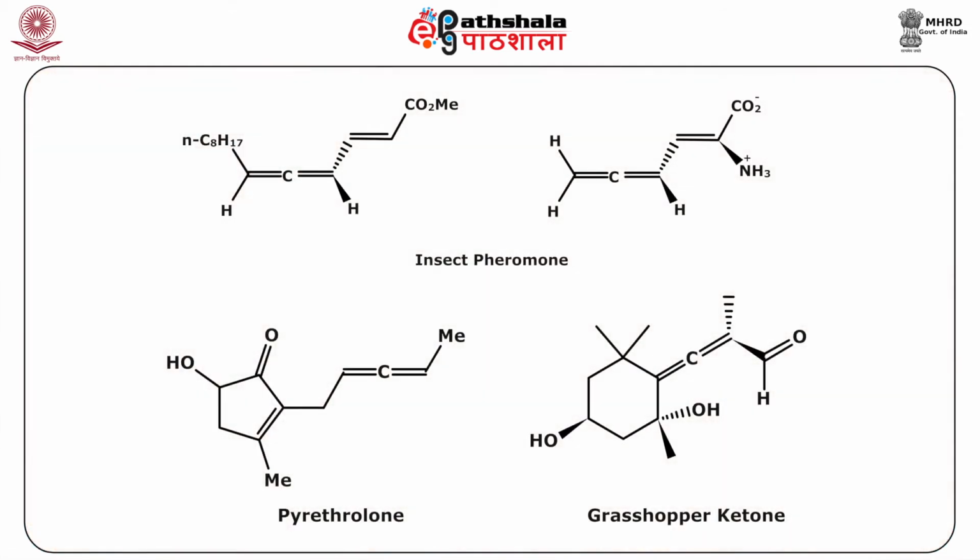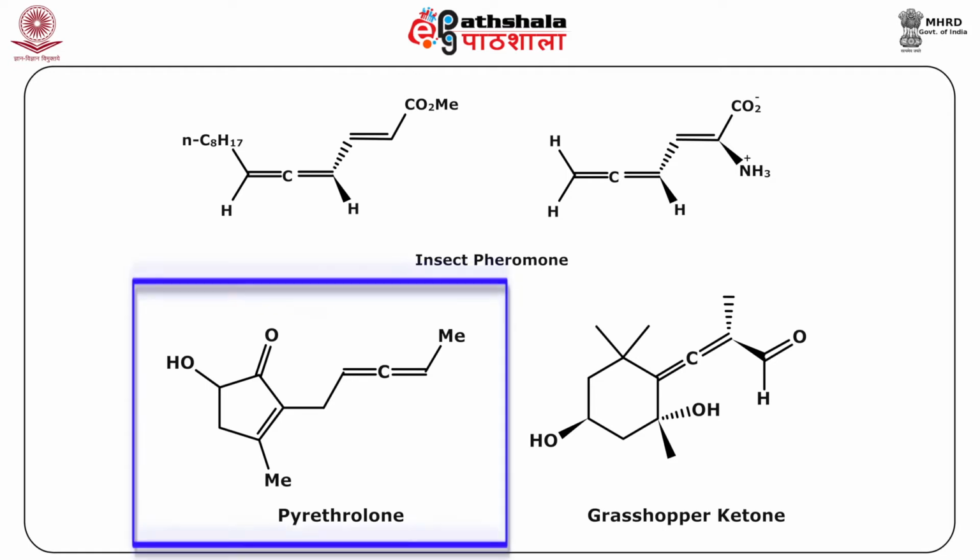Allenes are interesting molecules and this core structure was found in many natural products. We have shown some structures where allene is the core unit in natural products, as shown here in the figure. You can see here the basic core structure contains allenes.